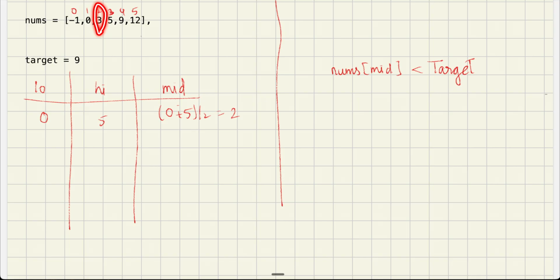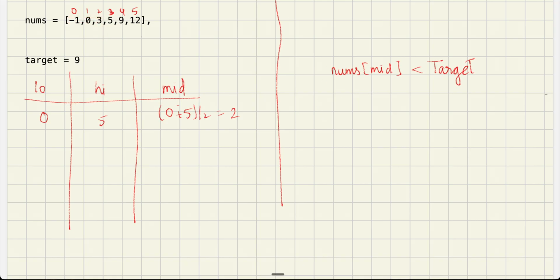I should be traversing on the right side because I know that this is a sorted array and my answer is greater than the mid value 3, right? So I will be discarding this entire part, basically this also, and moving forward from here, right? Why am I also discarding the mid value? Because I know that this is not an answer, so along with this I will be discarding all these values.